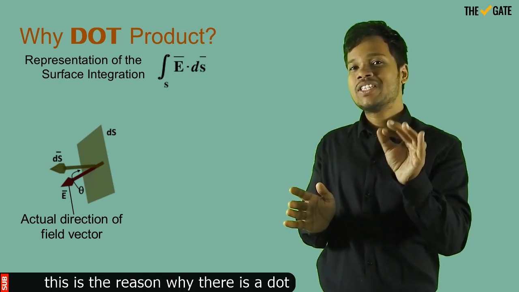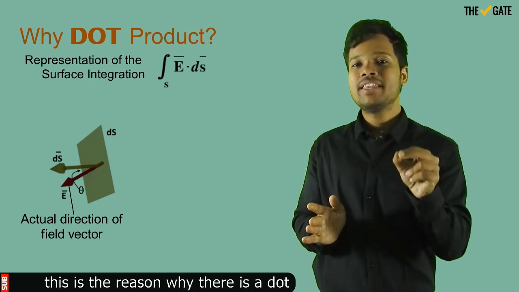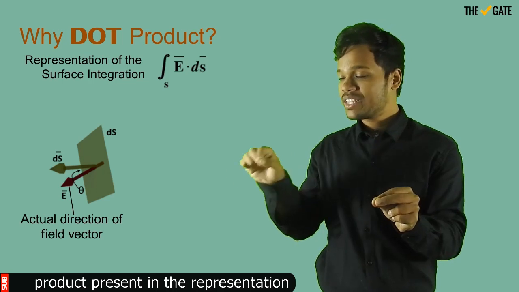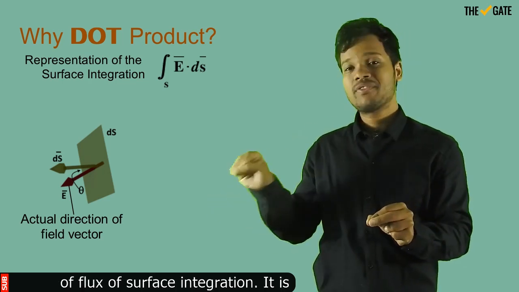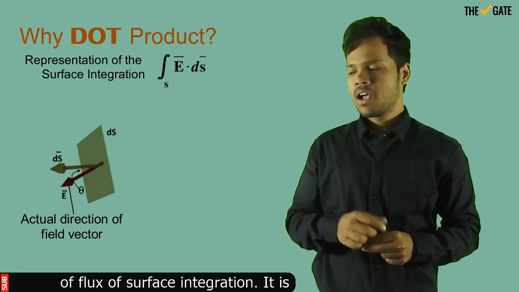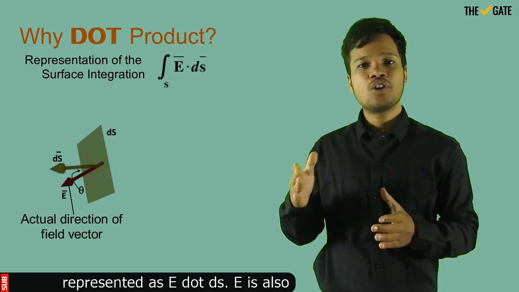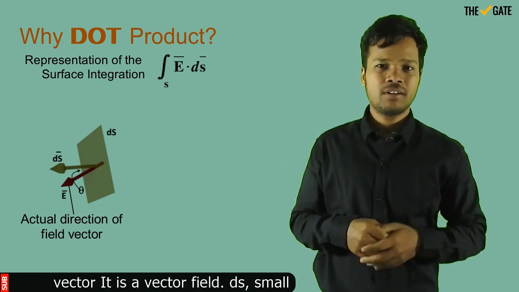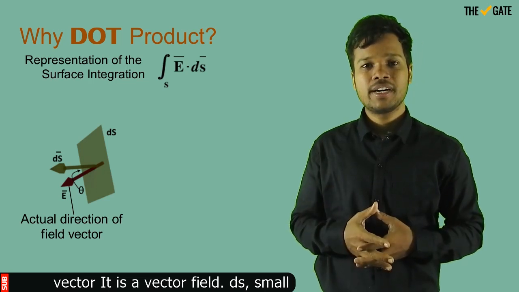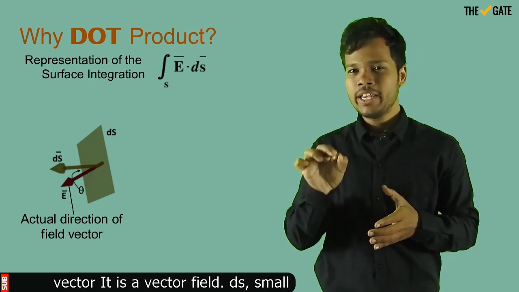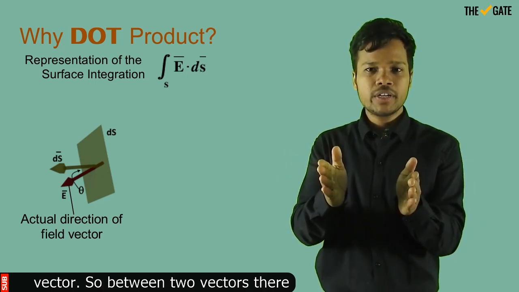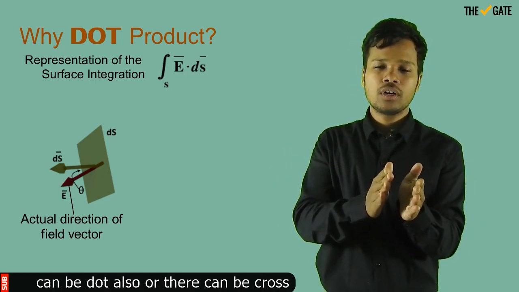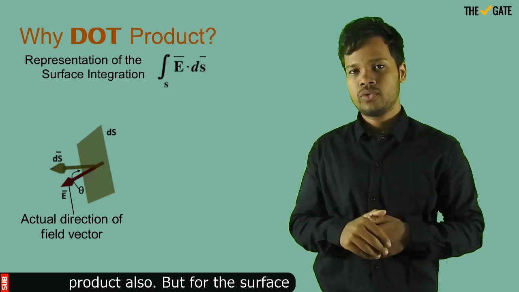So my dear, this is the reason why there is a dot product present in the representation of flux of surface integration. It is represented as E dot ds. E is also a vector. It is a vector field. ds, small area, differential area. Area is also a vector. So in between two vectors, there can be dot also, or there can be cross product also.